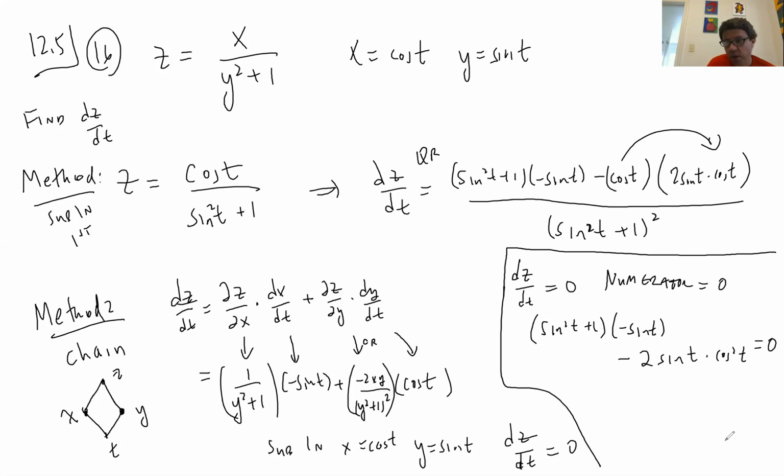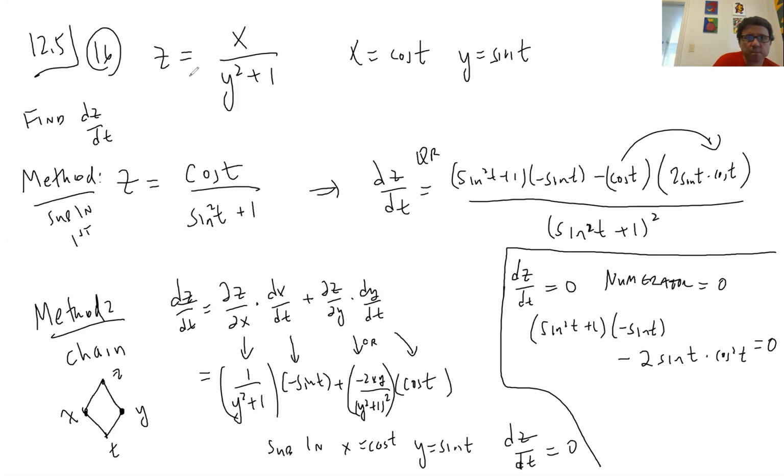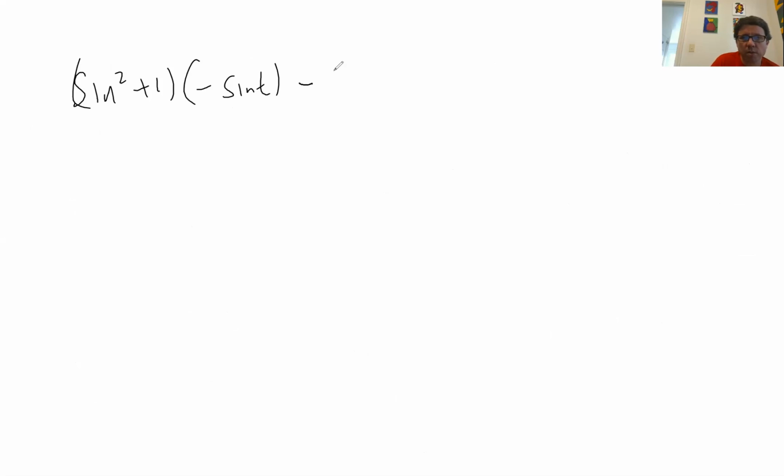Okay, so I have this thing, and let's see what happens here. Sine squared t plus 1 times sine t, minus 2 sine t cosine squared t equals 0. I guess you could factor out sine in both.